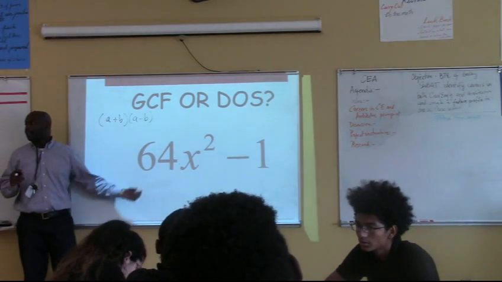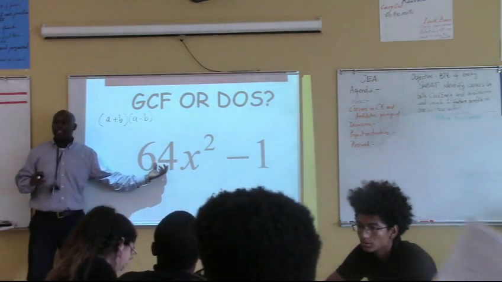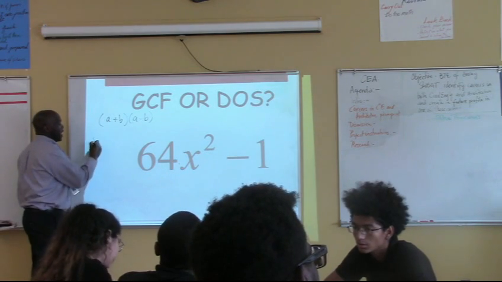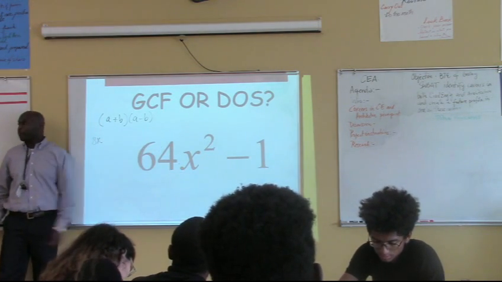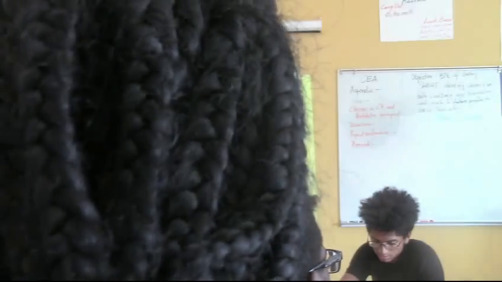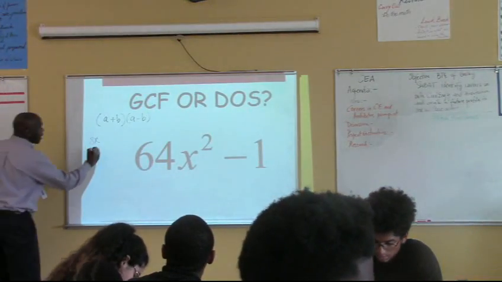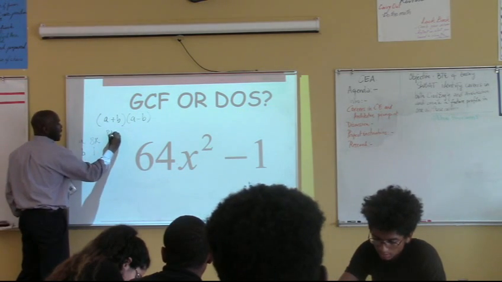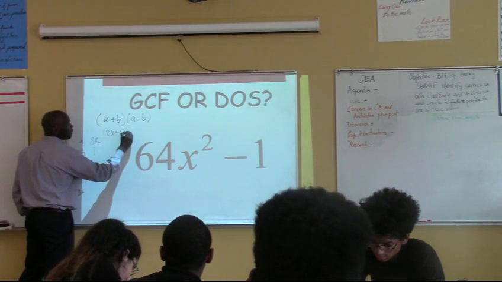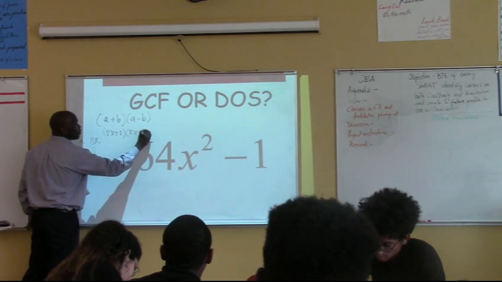What's the square root of 64? It's 8x. And then what's the square root of 1? The square root of 1 is 1. So that's our a and this is our b. So we write it as 8x plus 1 times 8x minus 1.